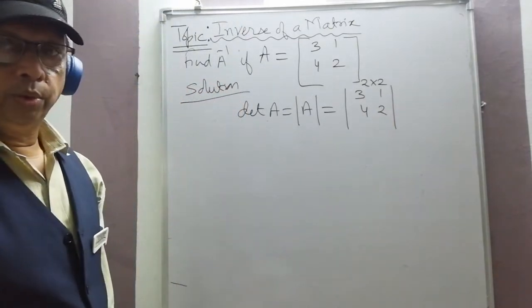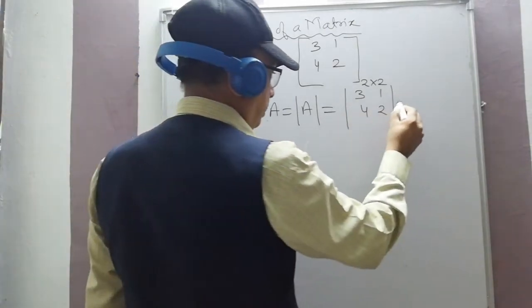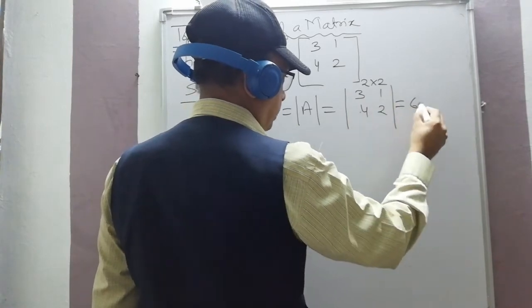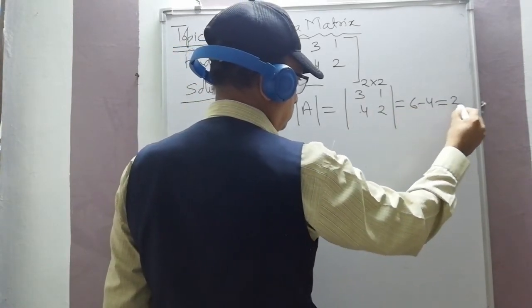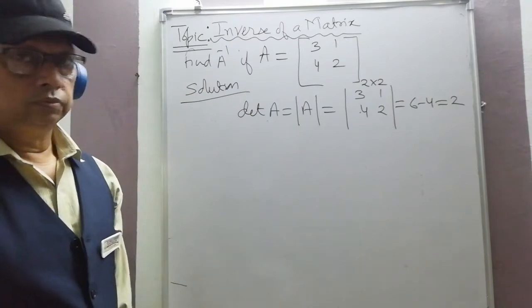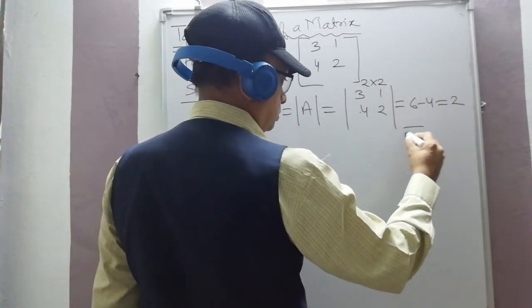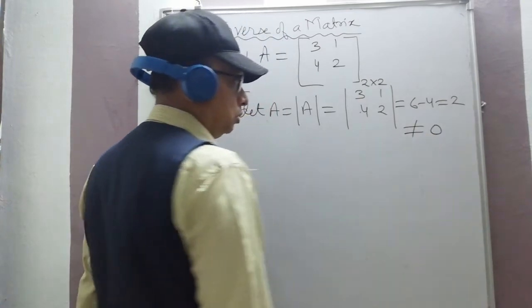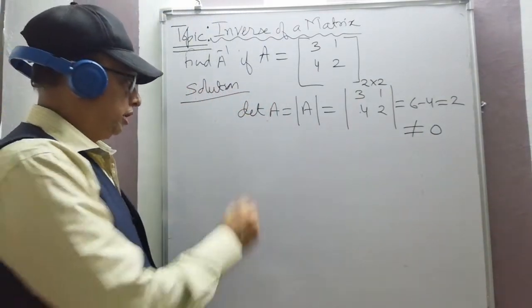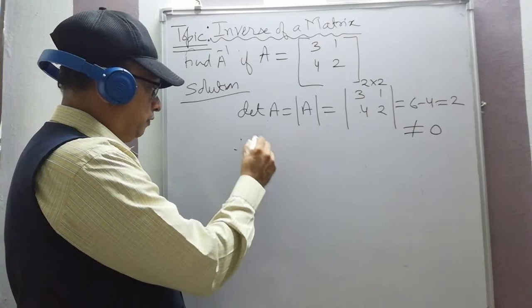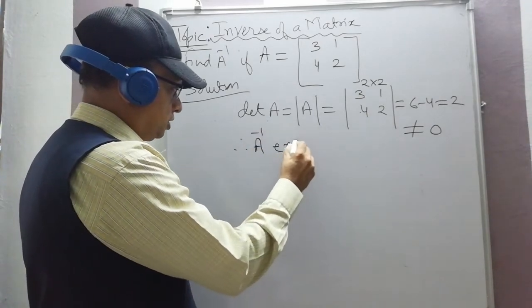Order is 2 by 2. 3 multiplied by 2, 6 minus 4, which is equals to 2, which is not equals to 0. Therefore, A inverse exists.